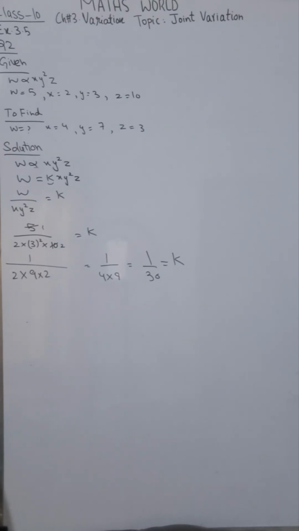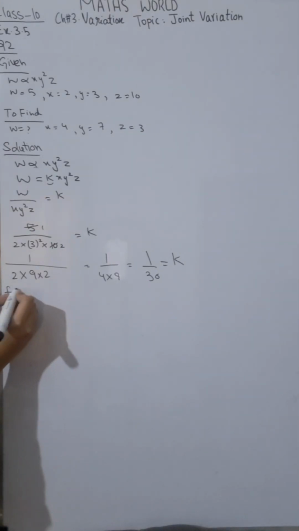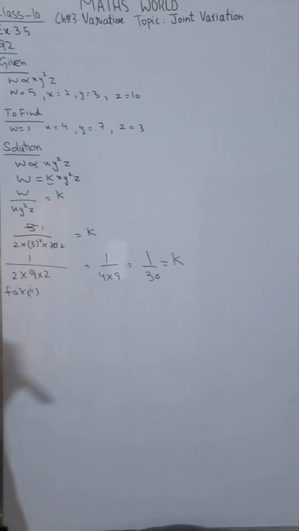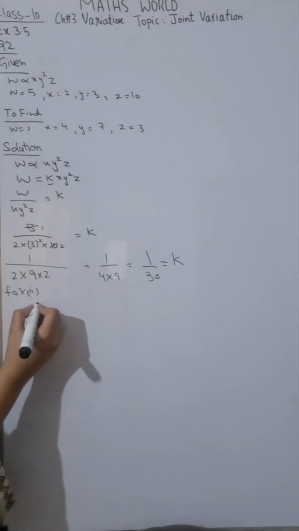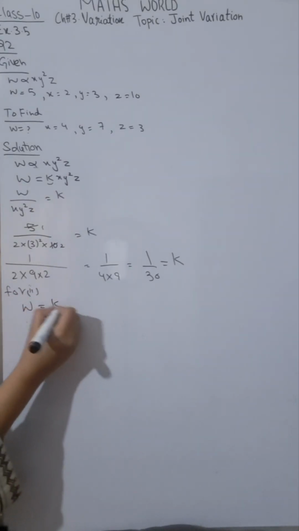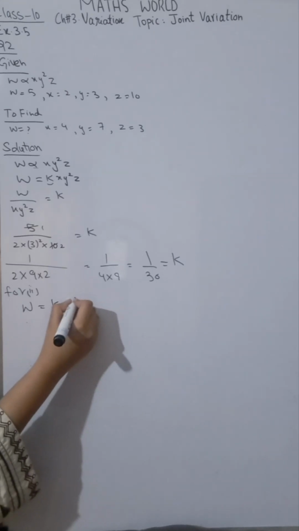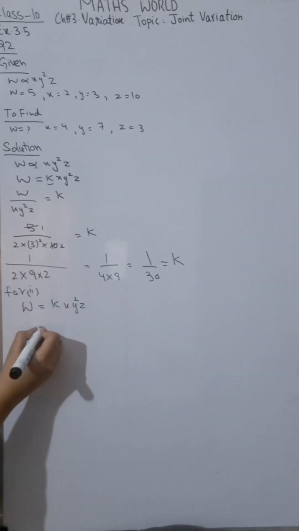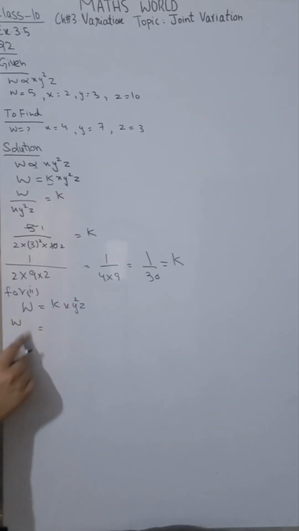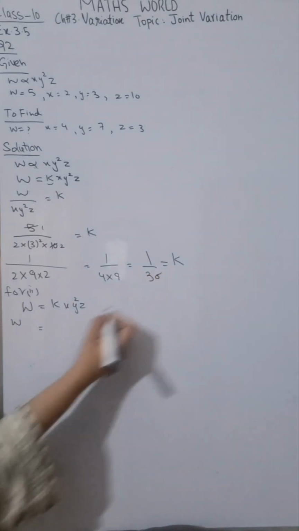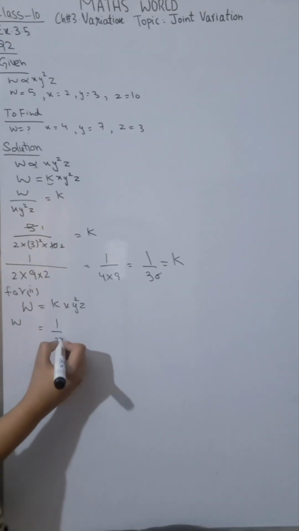Now you are going to find the value of w for number 2. What you are going to do? You have the variation that w is equal to k x y square z. So w is equal to, what is k? K is 1 over 36. Then you multiply by x.